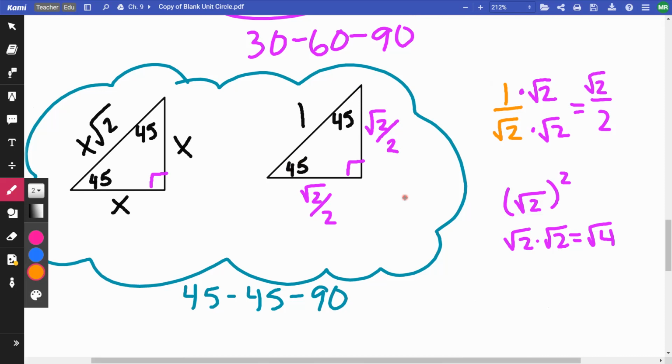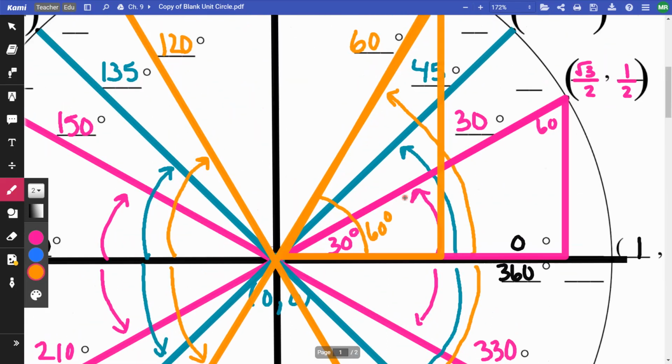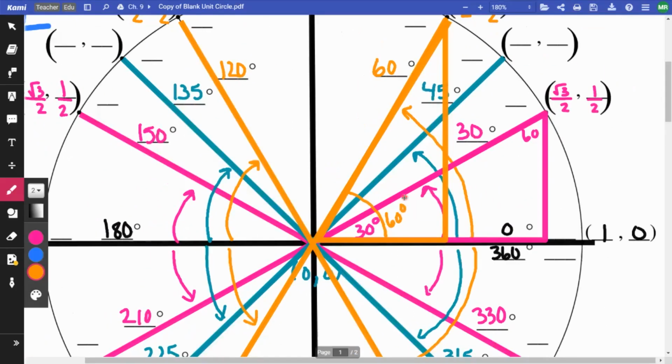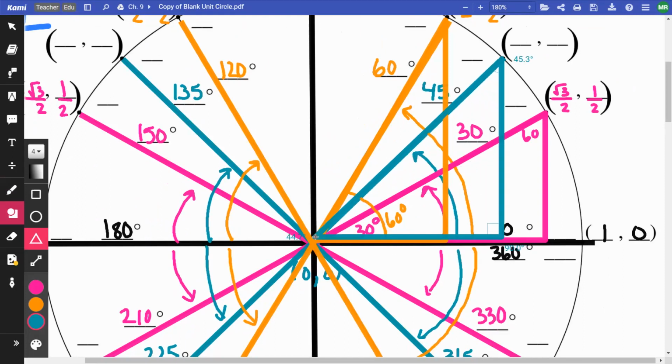So I'm going to come up here to my 45. I'm going to hold shift and I'm going to start up here, and I'm going to drag it to the center. And that's the triangle that I'm looking at right now is this one.